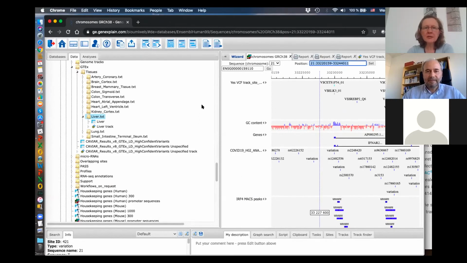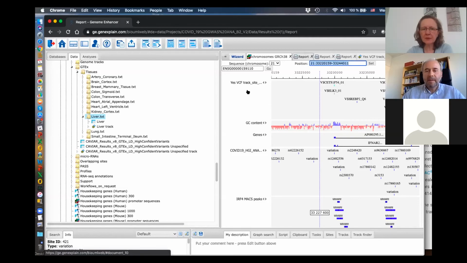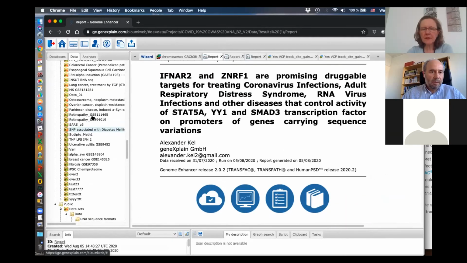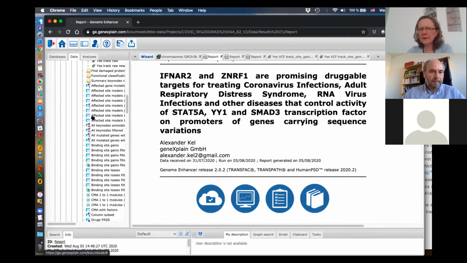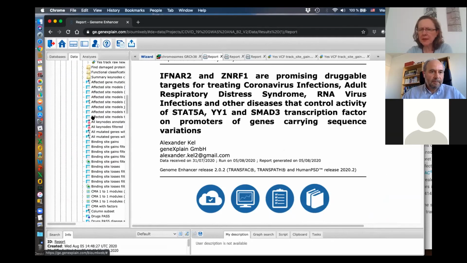There is a question: the report from Genome Enhancer in table 4 about TF gain and loss. Maybe you can comment on this. Okay, a little bit on this table. In this table, do we have these SNP IDs?